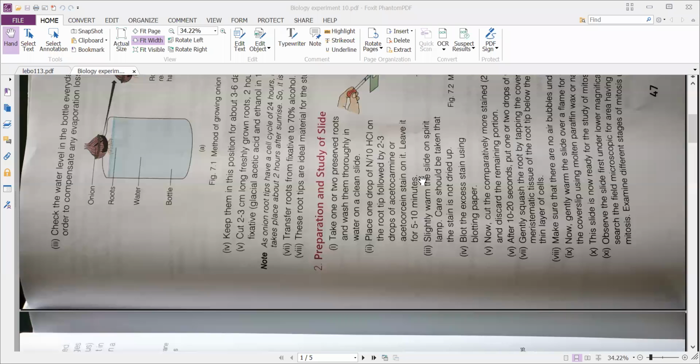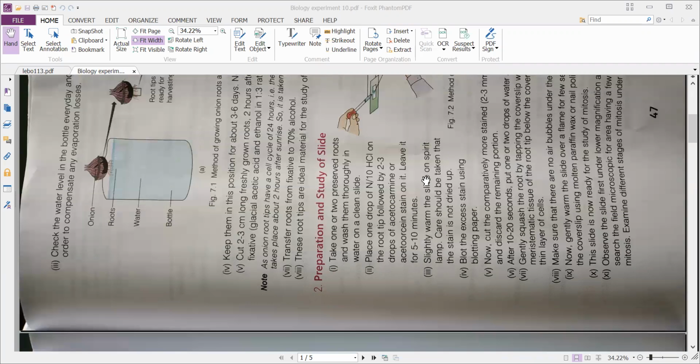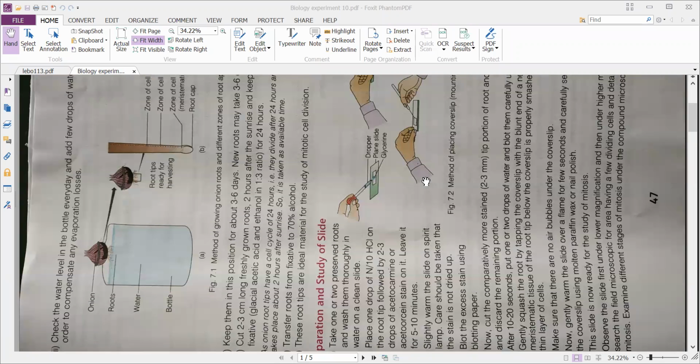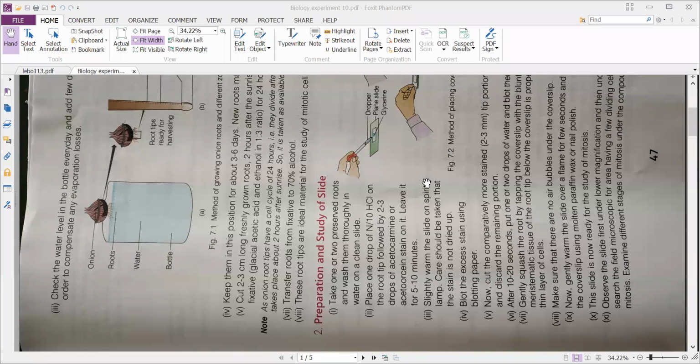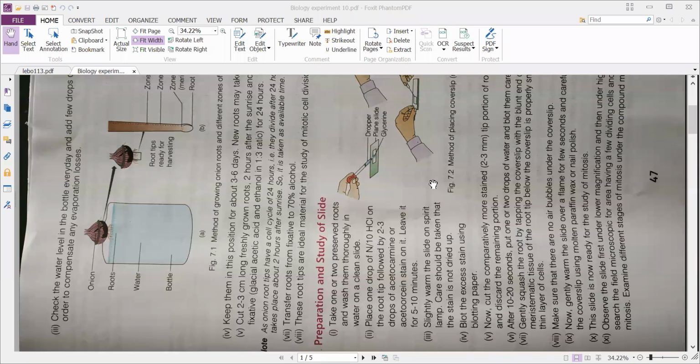Onion with freshly grown roots, glass slide, dropper, microscope, glycerin, etc.